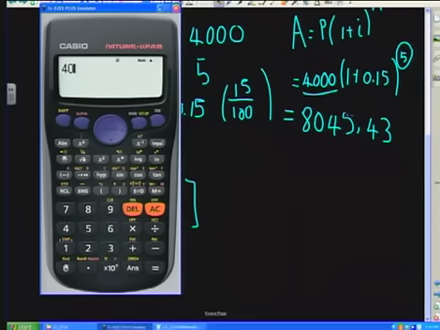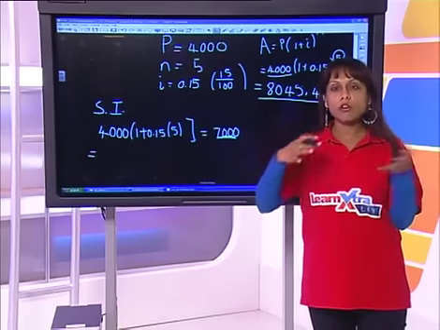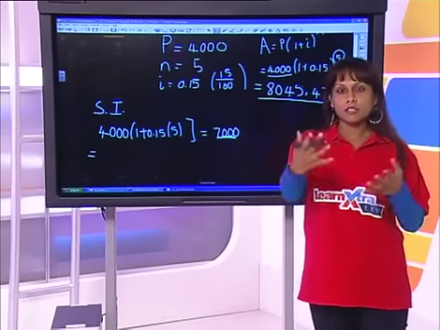It's going to be 4,000 times, in brackets, 1 plus 0.15 times 5, and that gives us 7,000 Rand. That's quite a big difference in the same period. From 7,000 to 8,045 Rand, you're making 1,045 Rand more using the compound interest method versus simple interest.